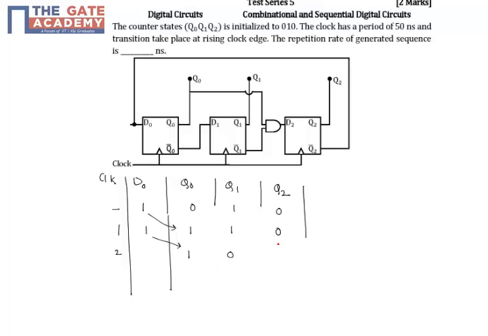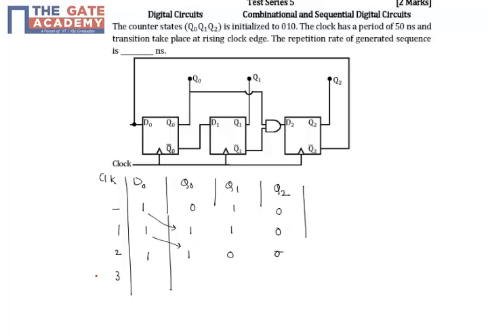And Q2 which is AND of Q naught and Q1 bar. So Q naught is 1 and Q1 bar is 0. Q1 is 1, bar is 0. So this is also 0. So because of this, D naught value is nothing but Q2 bar, again 1.